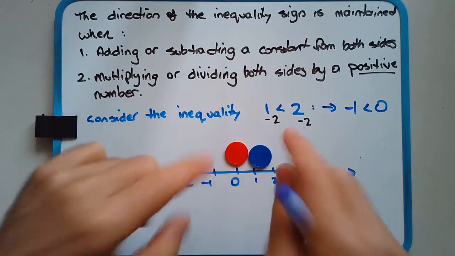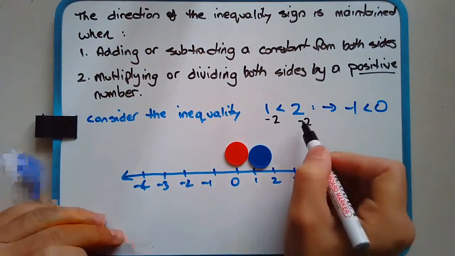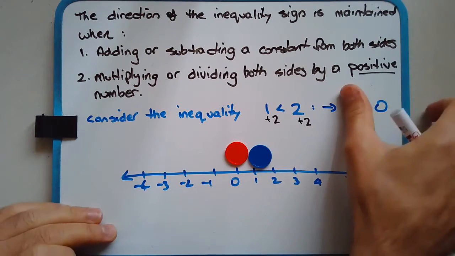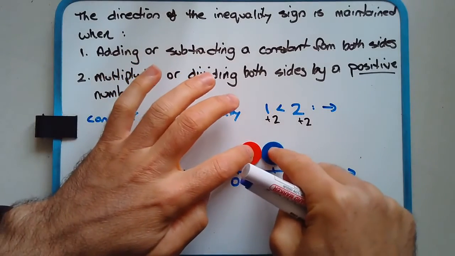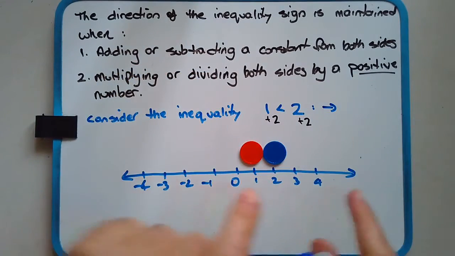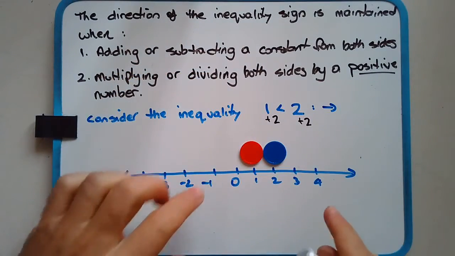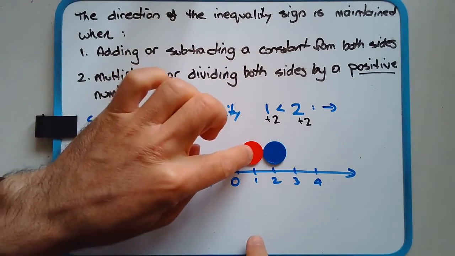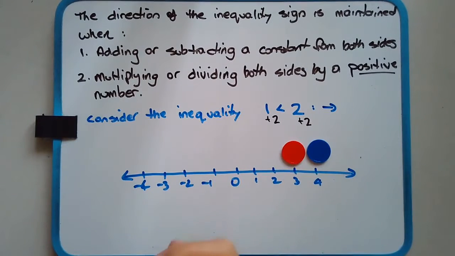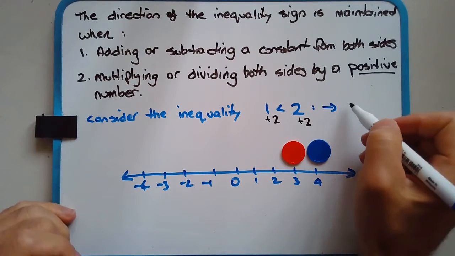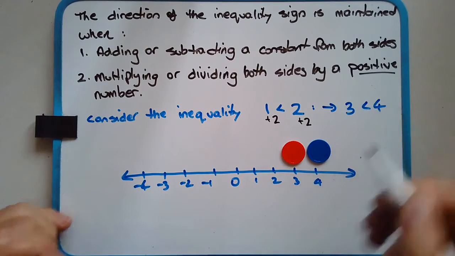If we're adding 2 to both sides, the counters move to the right. The red counter ends up at 3, and the blue counter ends up at 4, and we end up with the inequality 3 less than 4.